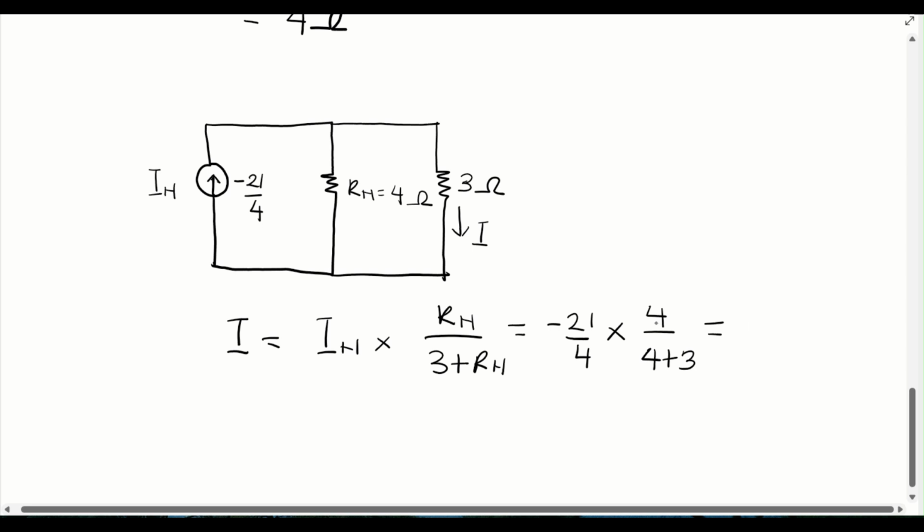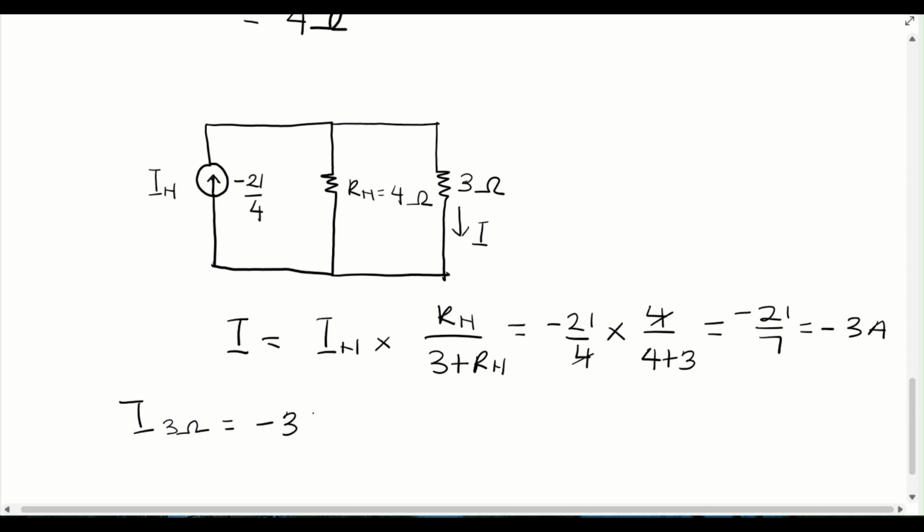This is going to be minus 21 on 7. So the final answer is minus 3 amps. So the current through the 3 ohms resistor is minus 3 amps. That's how we use Norton's theorem to find the current flowing through a resistor.